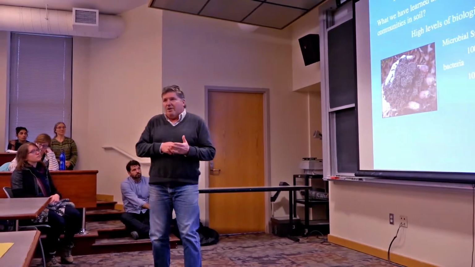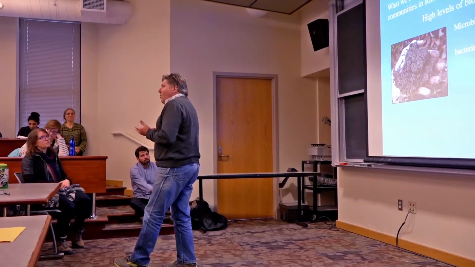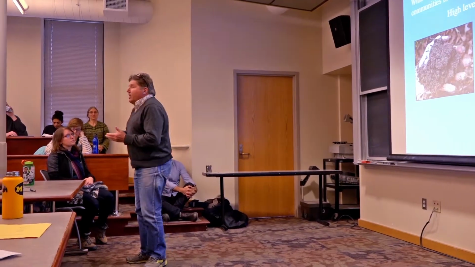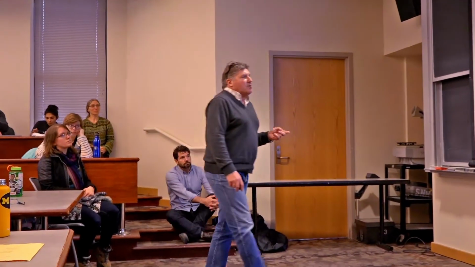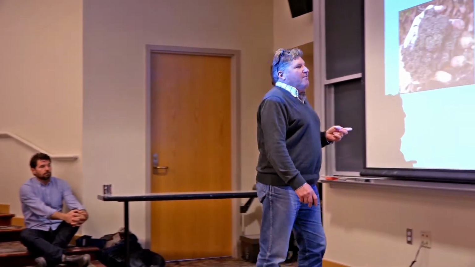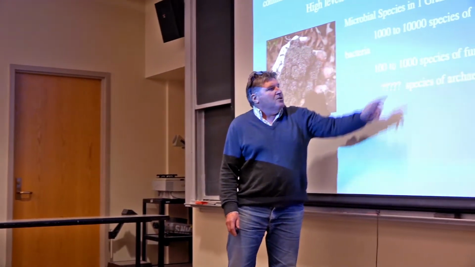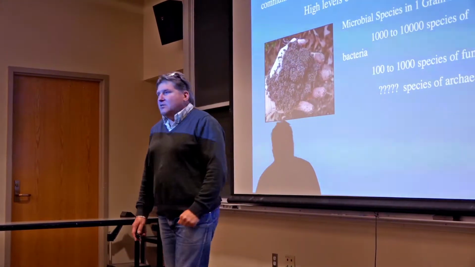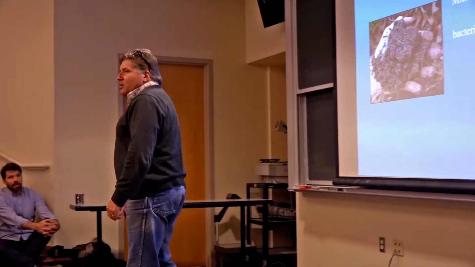A gram of soil, which is about the size of a quarter pile of soil in your hand, contains about 1,000 to 10,000 species of bacteria, 100 to 1,000 species of fungi, and an unknown number of archaea.